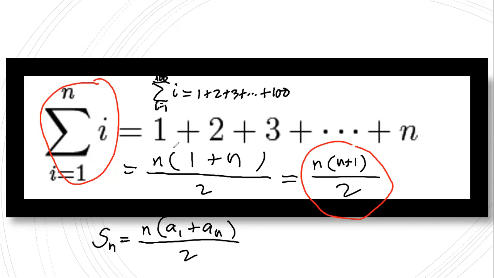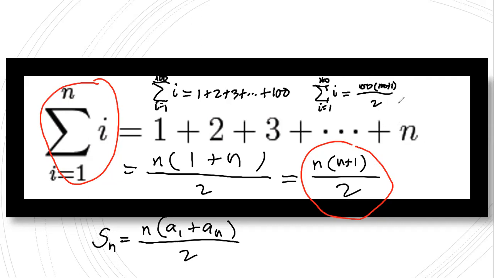But if you will be using this formula, you will just have the summation of i, where i ranges from 1 until n, and your n here is 100. As stated in the formula, you just have to know what your n is. So it is just 100 times 100 plus 1 over 2.